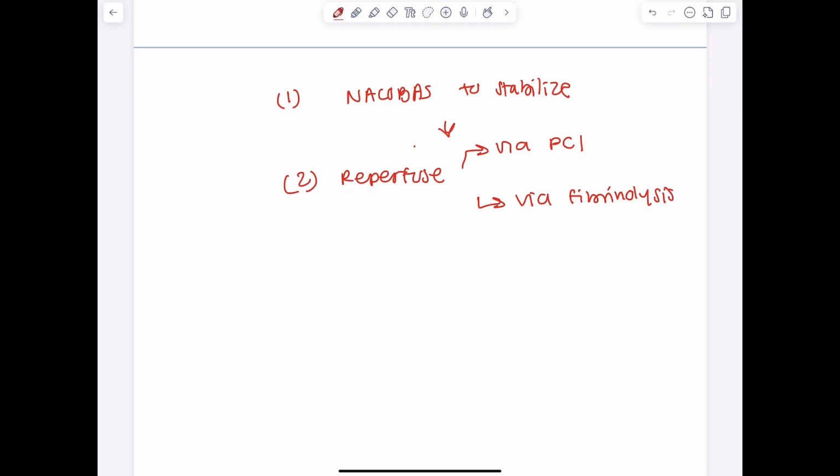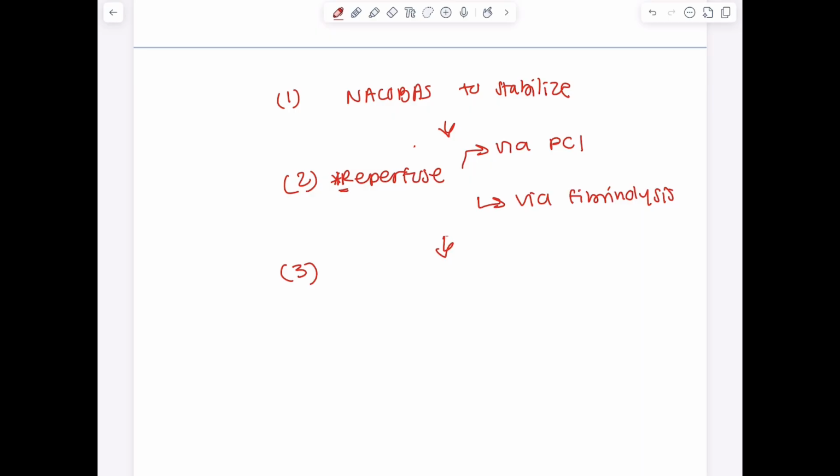Once this is done, and again, remember this step only for STEMI, or really bad NSTEMI or unstable angina. So, when I said the indications for PCI, you don't reperfuse everybody who has unstable angina or NSTEMI, but you do reperfuse all the regular STEMIs, okay?